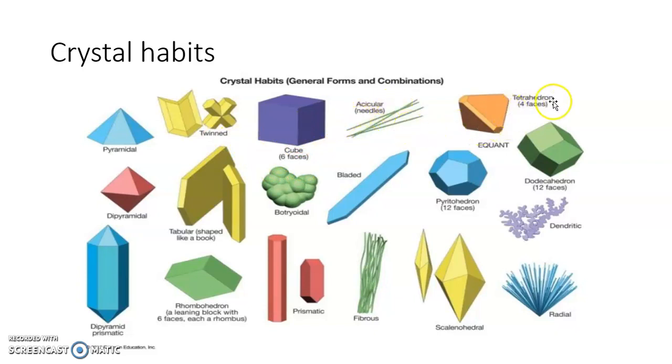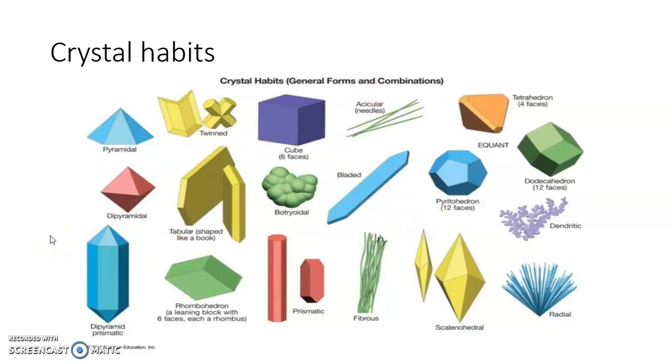There can be tetrahedron, equant, pyritohedron, or radial type of habit, or scalenohedral, fibrous, prismatic, cylindrical, tabular, dipyramidal.